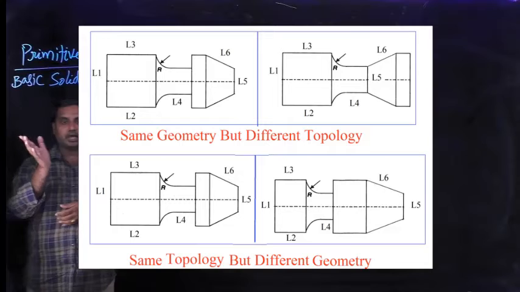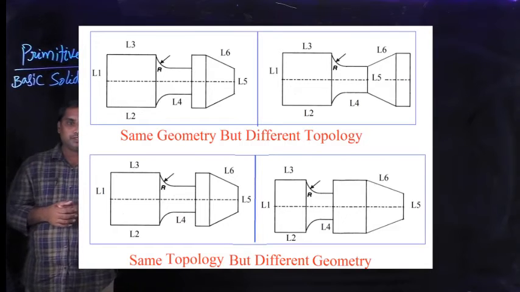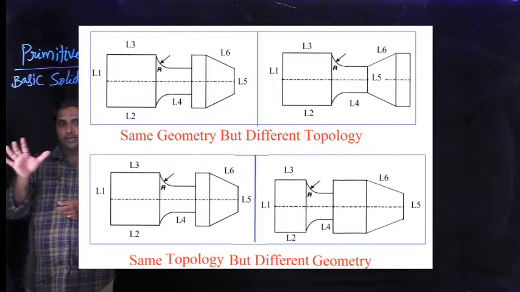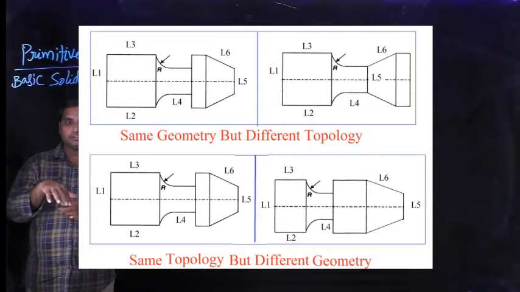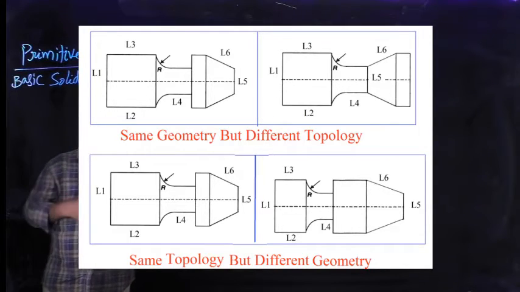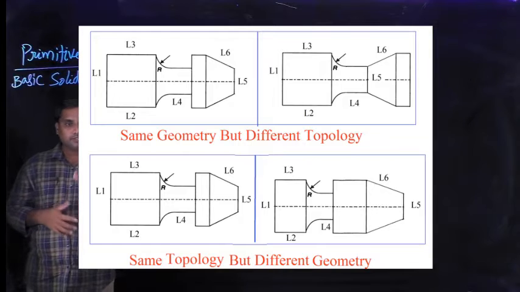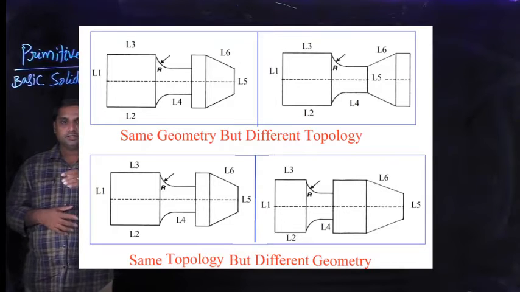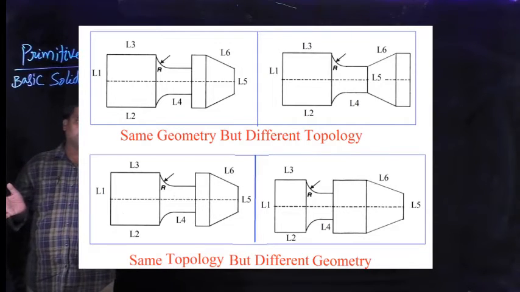In the top left diagram, L1, L2, L3 are the three lines, L4 is the radius of the arc, R is the radius, and L5 and L6 are also there. In the right side diagram, L5 and L6 are on the inner side, while in the left side diagram, L5 and L6 are on the outer side.